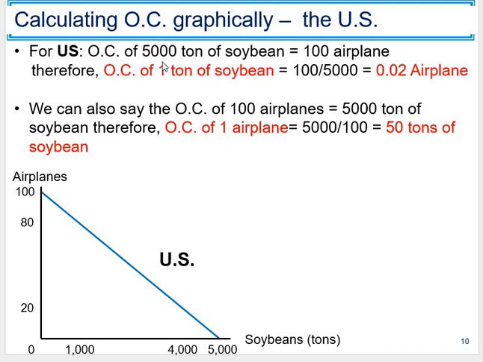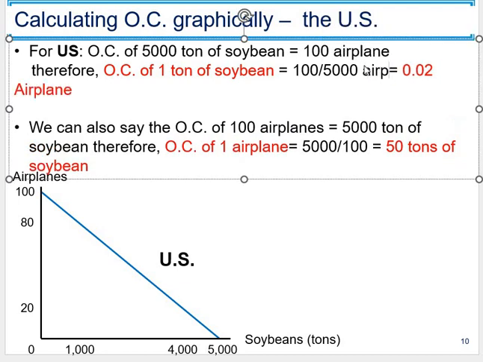From the first row, if we divide both sides of the equation by 5,000, then the left-hand side of the equation will be left with 1 ton of soybean, and the right-hand side will be left with 100 divided by 5,000 airplanes, which equals 0.02 airplane.